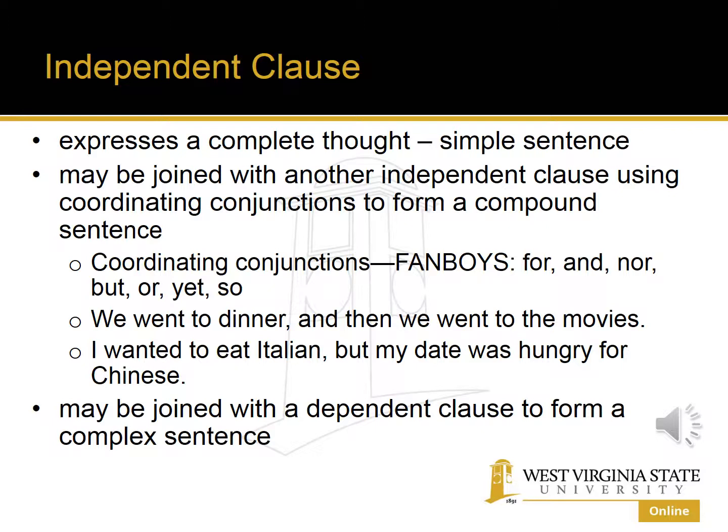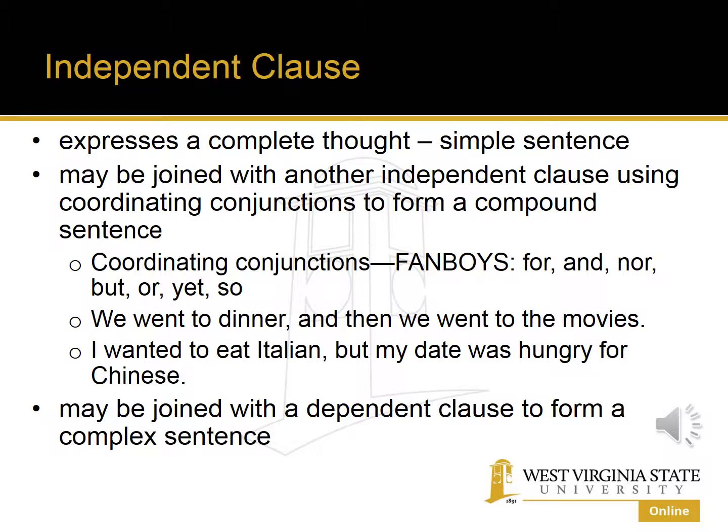The coordinating conjunctions are what is known as the fanboys: for, and, nor, but, or, yet, and so. Only these words can be used to connect two or more independent clauses or two or more dependent clauses.